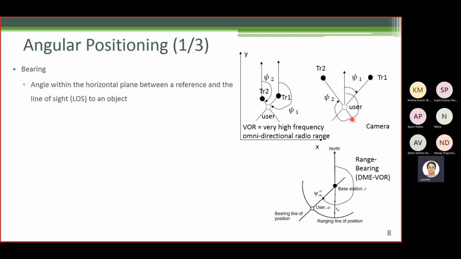And from the coordinates of these images, the camera determines both bearing and elevation of the features with respect to the camera frame. Then it does the necessary processing to determine the position. So the camera is an example of an angular positioning system where the reference is taken at the user. Here we see only bearing because we are considering 2D positioning.